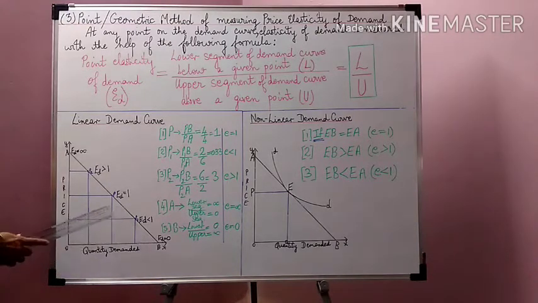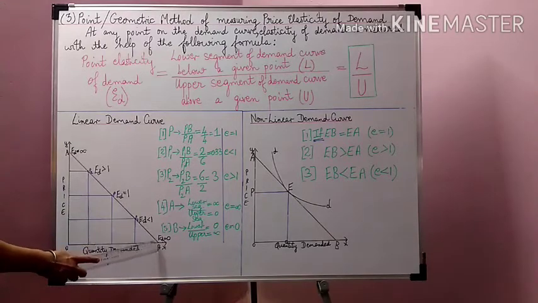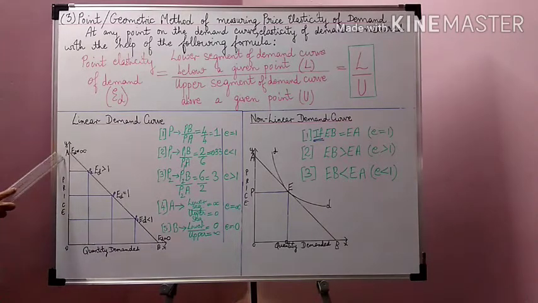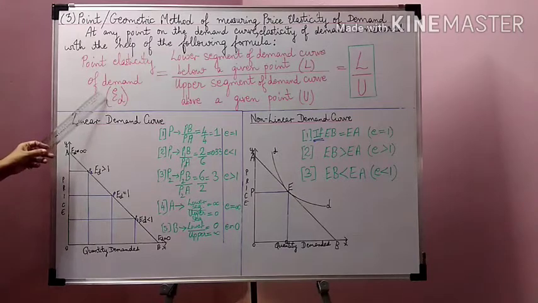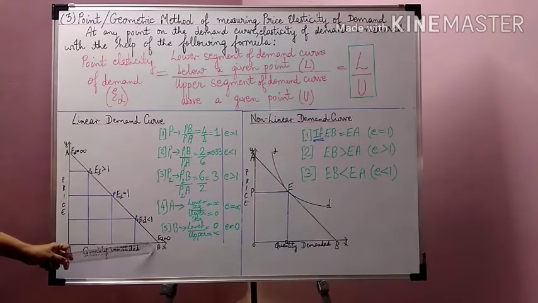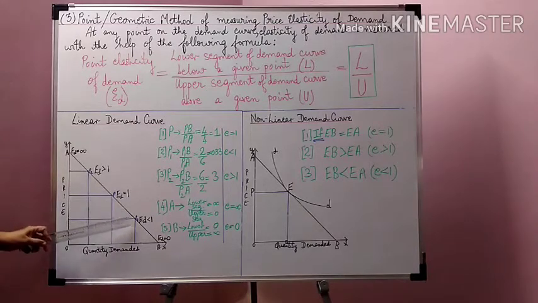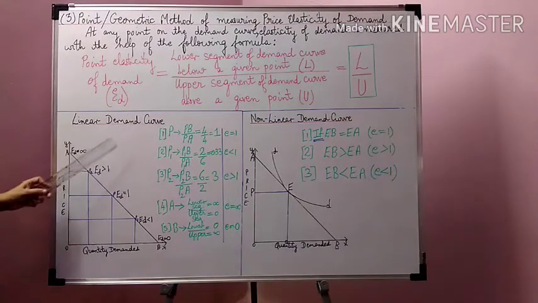Meaning thereby, on a straight line demand curve which touches both the axes, we measure elasticity of demand by using this formula. So my demand curve is AB. At any point on this demand curve, you can measure elasticity of demand.